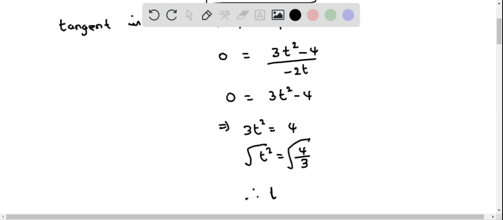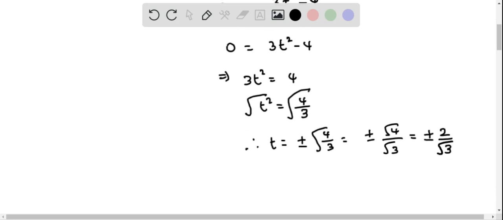So therefore, t equals plus or minus square root of 4 thirds, and this equals plus or minus square root of 4 divided by square root of 3. And so this equals plus or minus 2 divided by root 3. So we say that for t equal to plus or minus 2 by root 3, the tangent to the curve is horizontal.